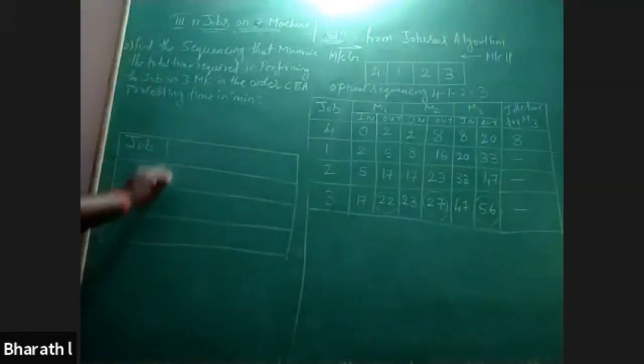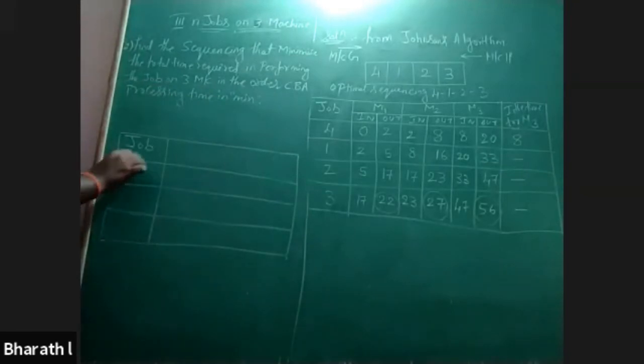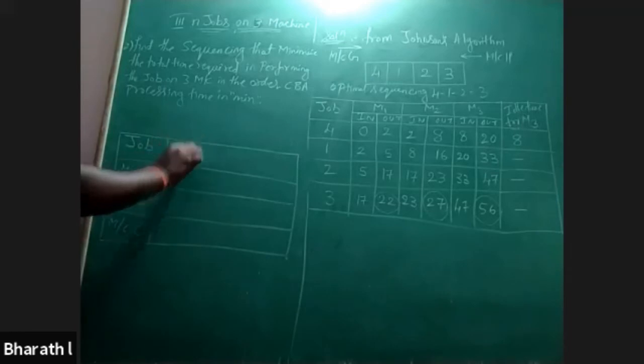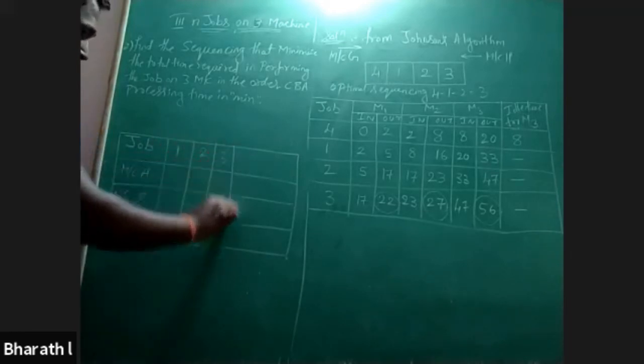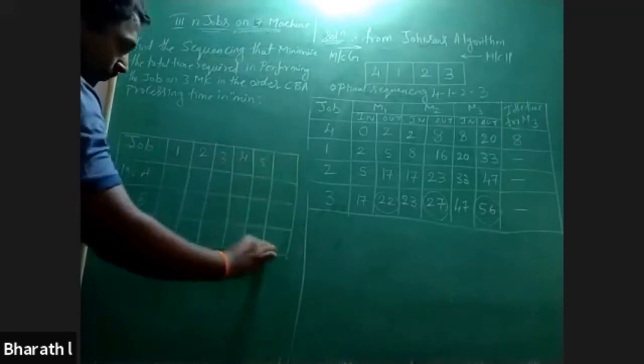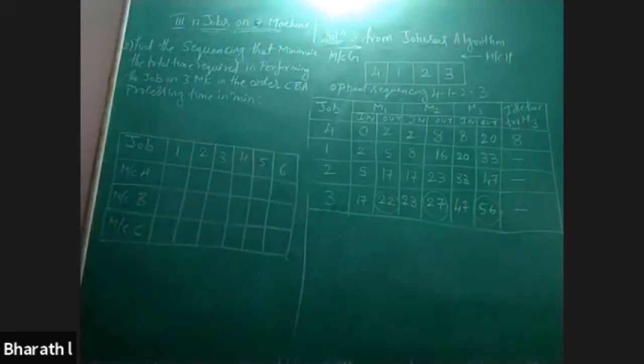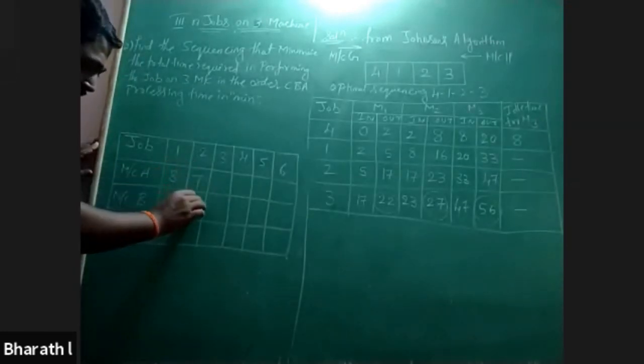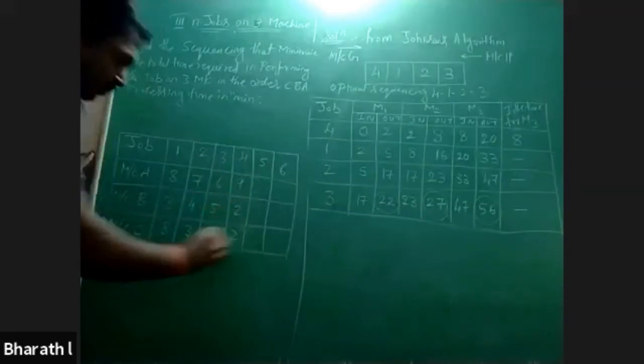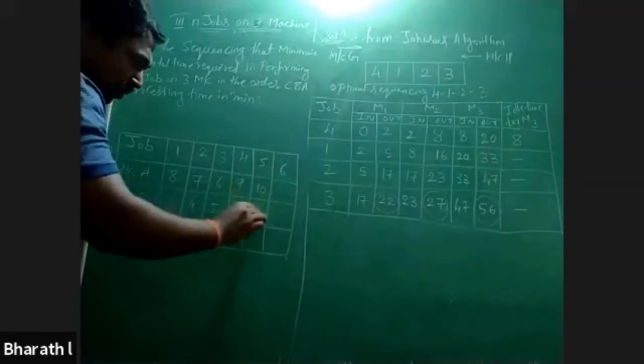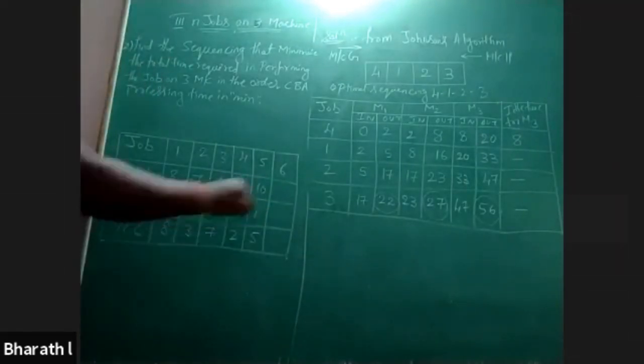Since they're given the machines as machine A, machine B, and machine C, and they're given 6 jobs 1, 2, 3, 4, 5, and 6, and the values in the columns are 8, 3, 8, 7, 4, 3, 6, 5, 7, 9, 2, 2, 10, 1, 5, 9, 6, 1.